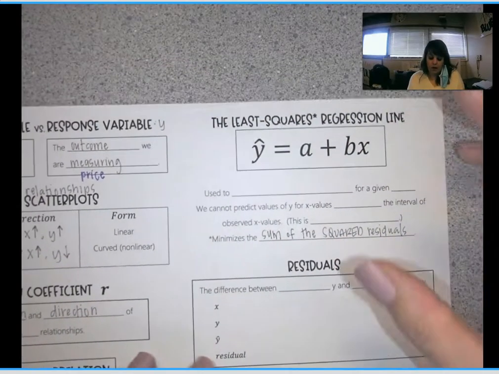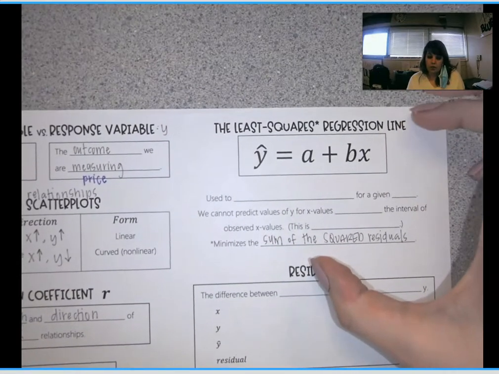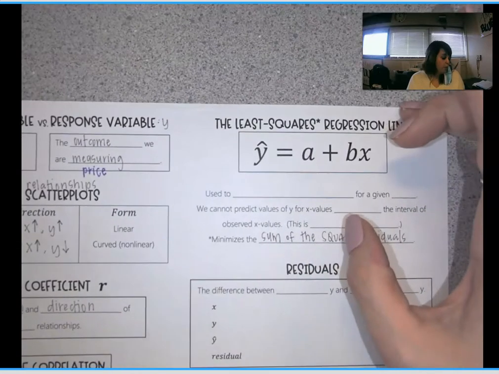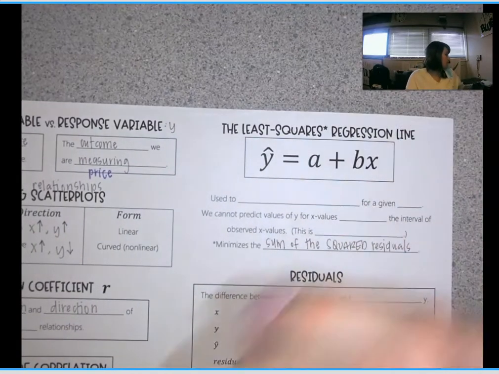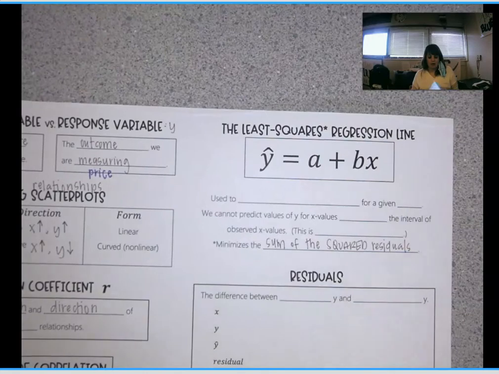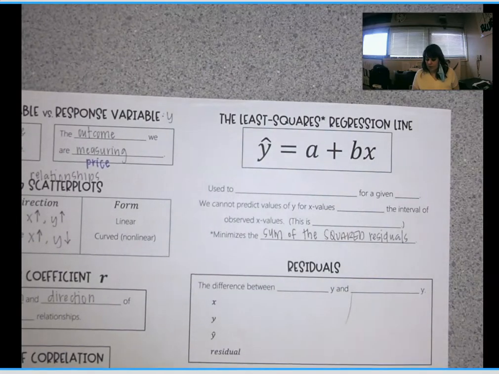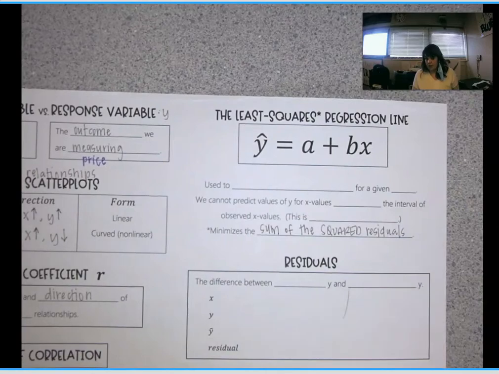So on our overview, this is just one section of our one sheet of paper, but in our notes, remember, we had a whole lesson on the least squares regression line, and it included the description of what that actually is.